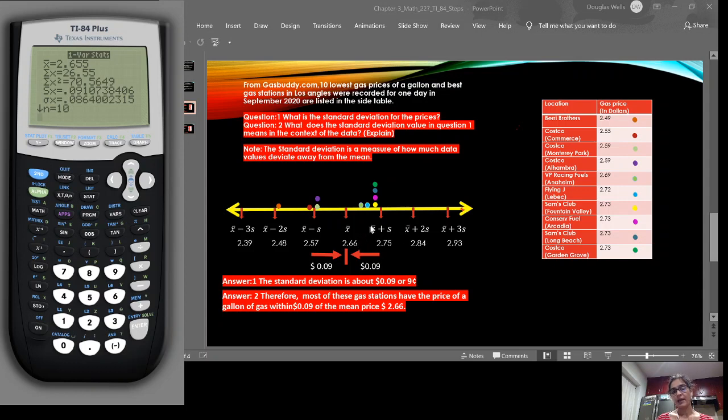So these values are called 1 standard deviation above the mean, 2 standard deviations above the mean, 3 standard deviations above the mean. If you go on the left, this value 2.57 is 1 standard deviation below the mean, 2.48 is 2 standard deviations below the mean, and 2.39 is 3 standard deviations below the mean.